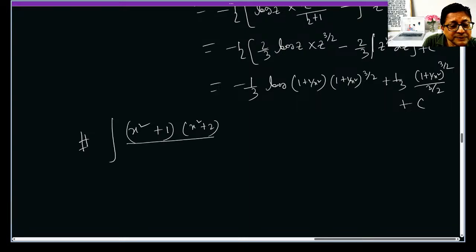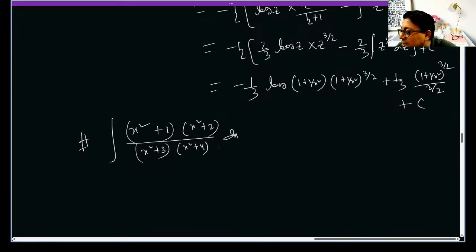This divided by x square plus 3 into x square plus 4 dx. So how to proceed with this one?